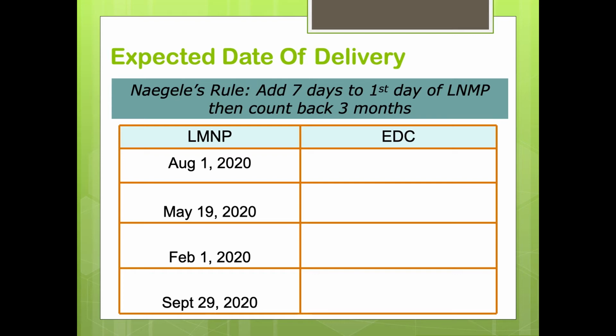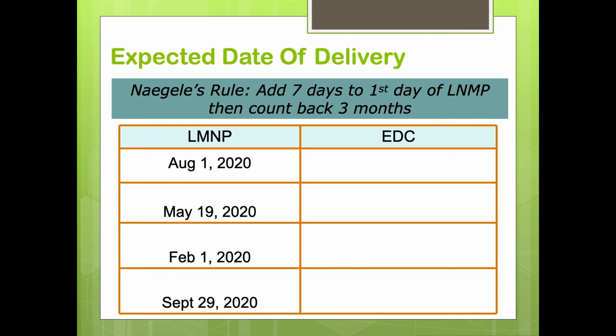So Nagel's rule is adding 7 days to the first day of the last menses, and then we count back 3 months. Okay, so that is for the EDC. So for August 1, 2020, that would be 7 plus 1 for August 1, that is 8. And then you count back 3 months. So that is May. So the EDC would be May 8, 2021.